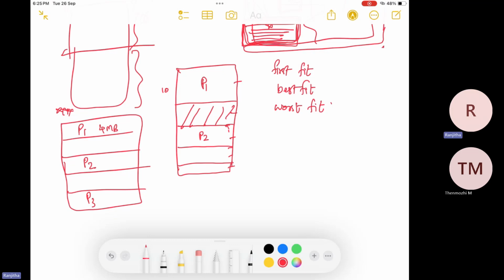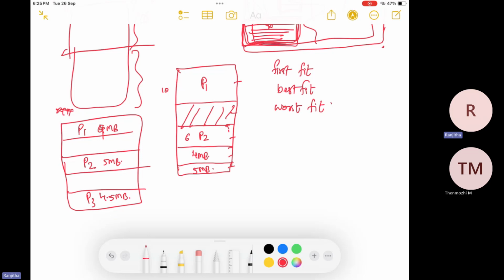P2 is occupied here, 4 MB, and this is 9 MB, P2 was 6 MB, and P2 is 5 MB. And this is 4 MB and this is 5 MB. Now P3 is 3.5 MB.